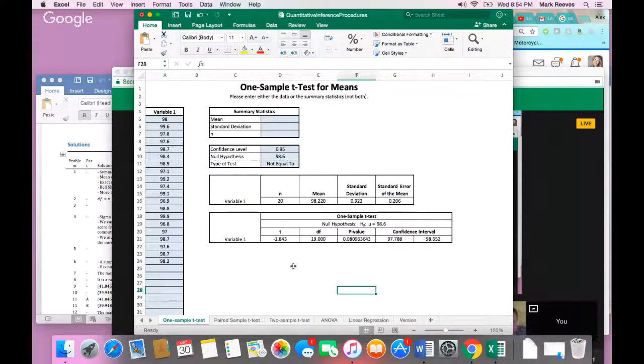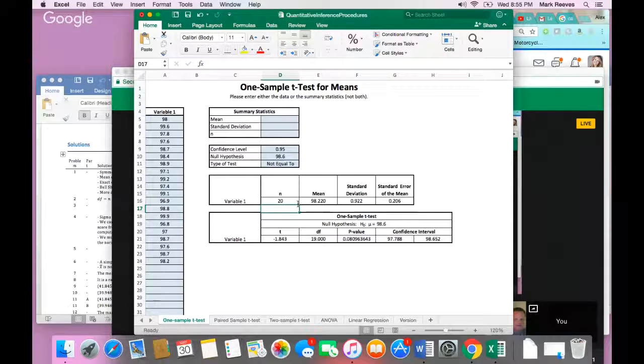So I plugged all that in. Where did you get N? I didn't plug anything in for N. Let me see where it's getting N. N's just adding up this column.